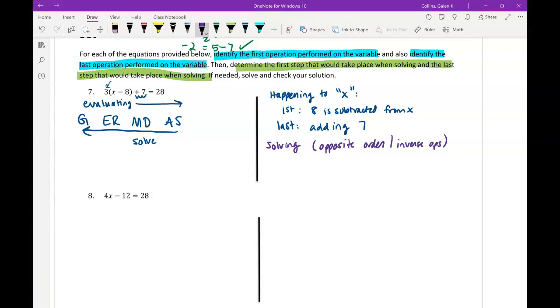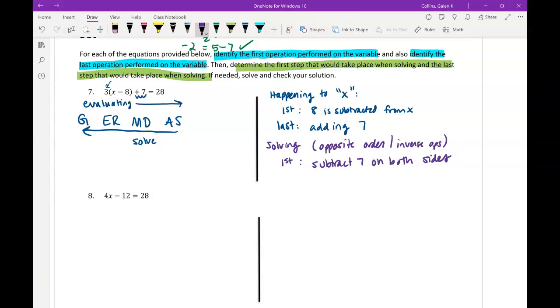Since the last thing that's being done to the expression with X is that we're adding 7, my first step to solving is I'm going to subtract 7 on both sides. So again, the order is opposite, and instead of adding, I'm using the inverse operation to undo that addition of 7.